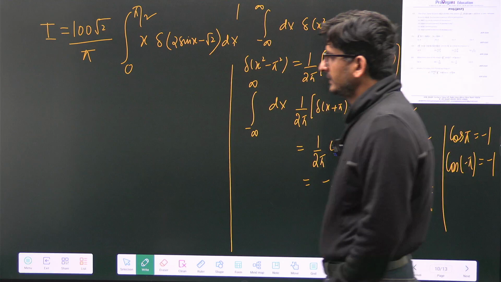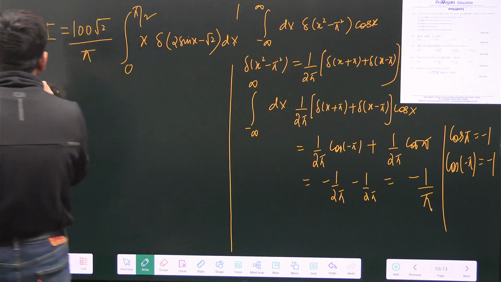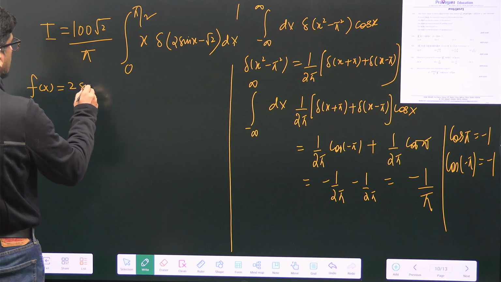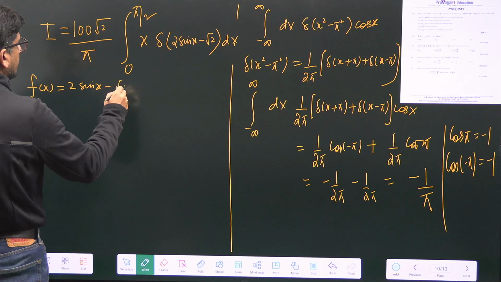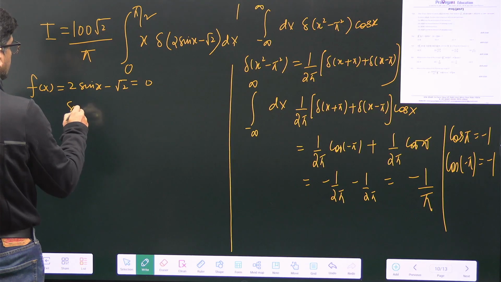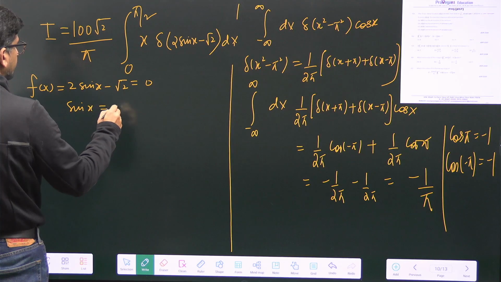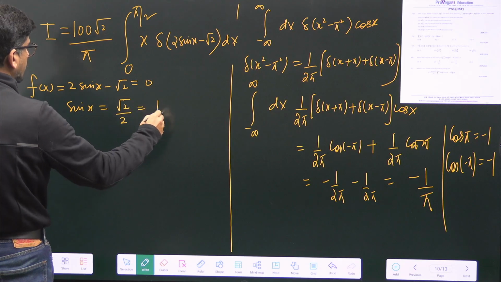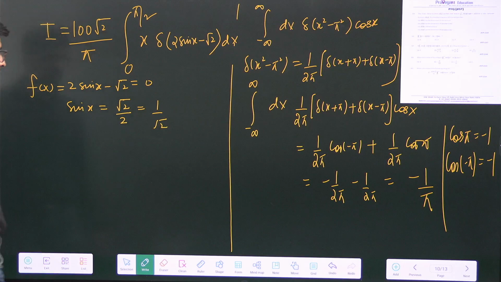Now what is f of x? f of x is 2 sin x minus root 2 is equal to 0. So sin x is root 2 by 2, which is 1 by root 2.